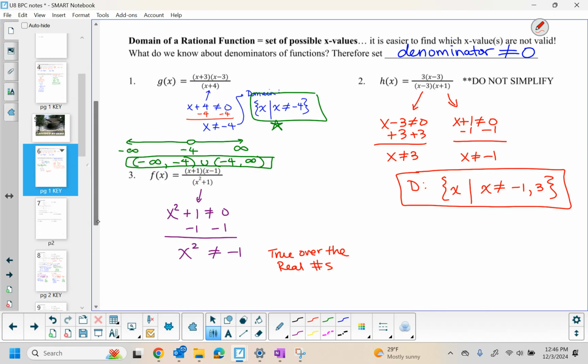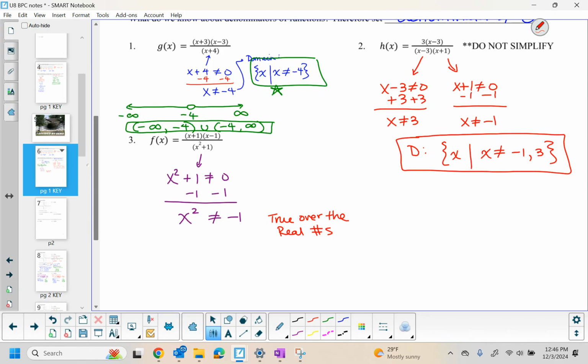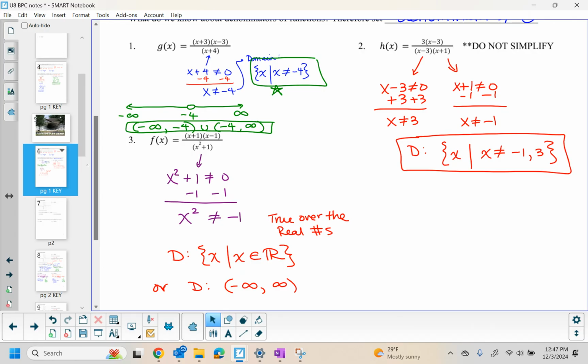This is true over the real numbers. x² does not equal -1 because we need imaginaries for that to be true. So my domain is x such that x is an element of the real numbers. Or you could write the domain as all of the real numbers from -infinity to +infinity. Either of those works as your domain.